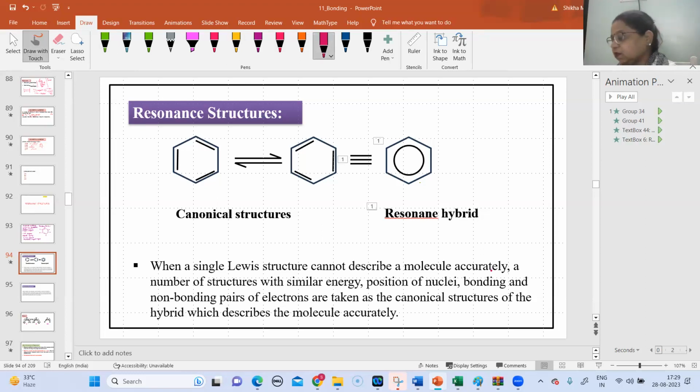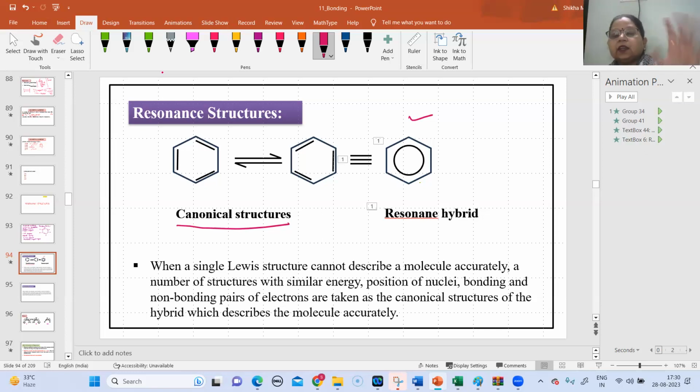So we describe resonance as a phenomenon where, when all the properties of a compound cannot be described by assuming one structure, we assume that the compound has a structure in between whatever possible structures there are. Such structures are called canonical structures, and the ultimate structure which we use to represent it is known as resonance hybrid. I hope it is clear.